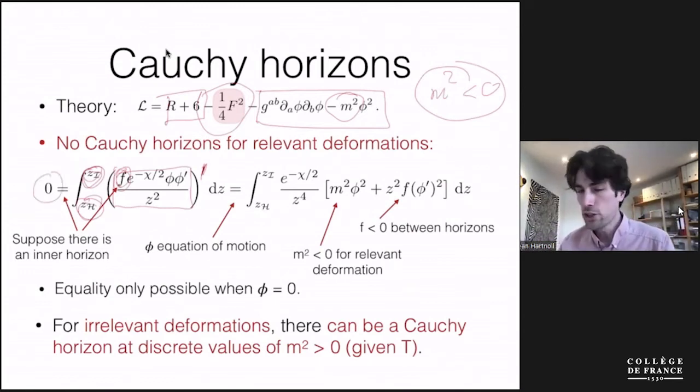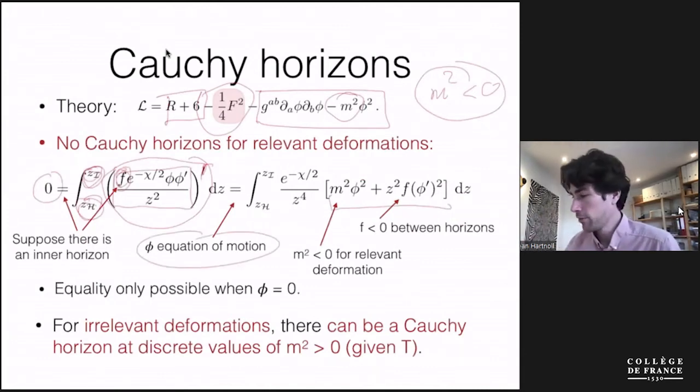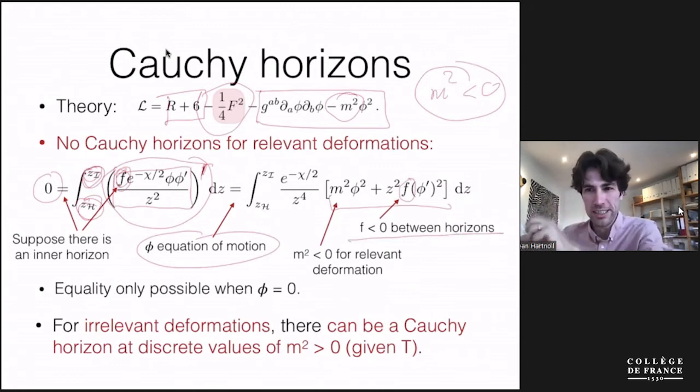You can use the equations of motion to expand out this derivative, and you write it like this. This is just equations of motion give you that. The wave equation for phi gives you that. And now F is actually negative because we're between the horizons. So g_tt has the opposite sign.